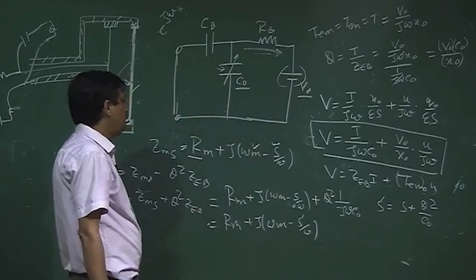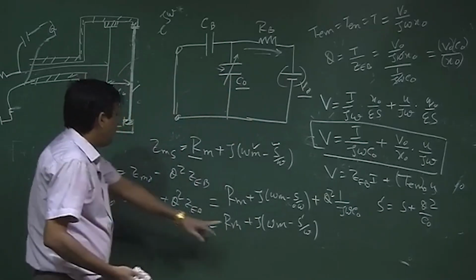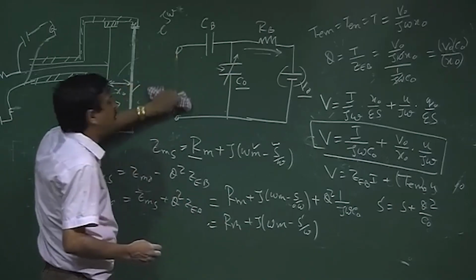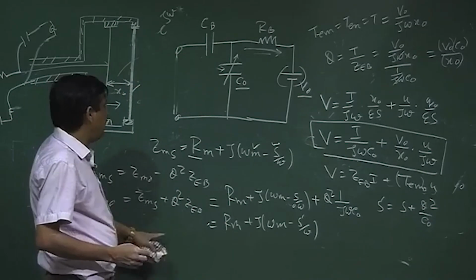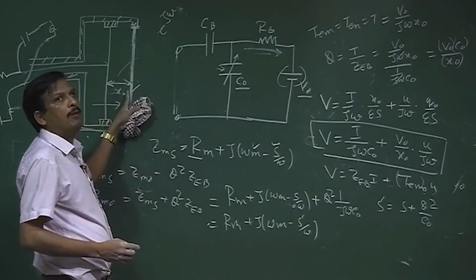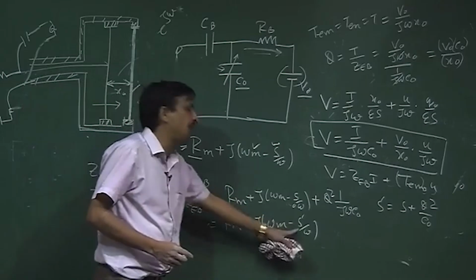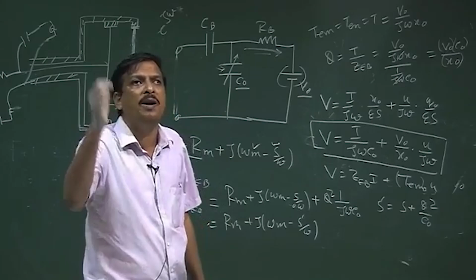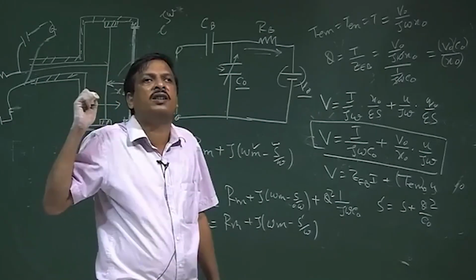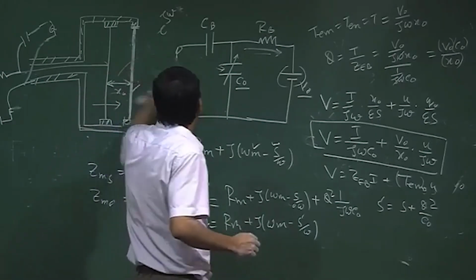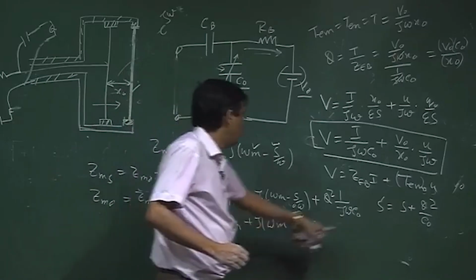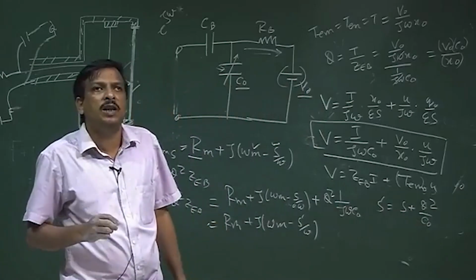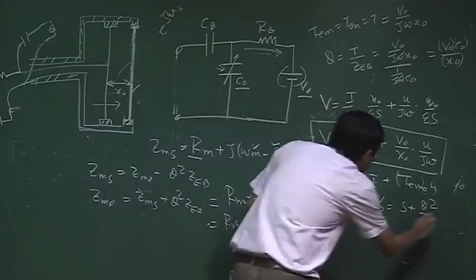It will change only the stiffness. So, mathematics shows that as soon as I open that short circuit condition, the stiffness of the diaphragm has changed to S dashed. So, as soon as I open that short circuit condition, the stiffness of the diaphragm will change by phi square by C0.